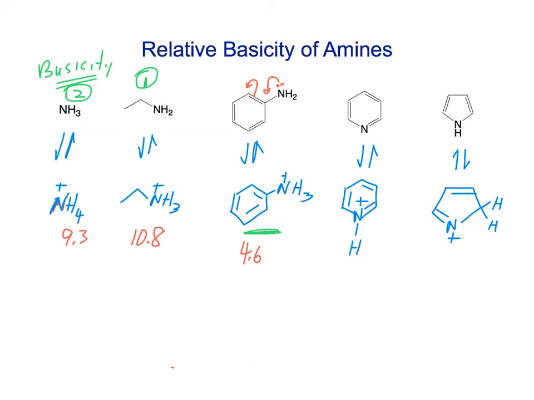Let's just go ahead and put the pKa's up. The pKa of the pyridinium ion is 5.3, so it's not quite as good of an acid as the ammonium ion of aniline. But the conjugate acid of pyrrole has a pKa of 0.4. So that's a much stronger acid, meaning pyrrole is a much weaker base, right?